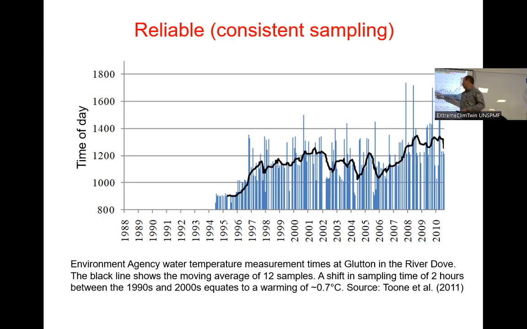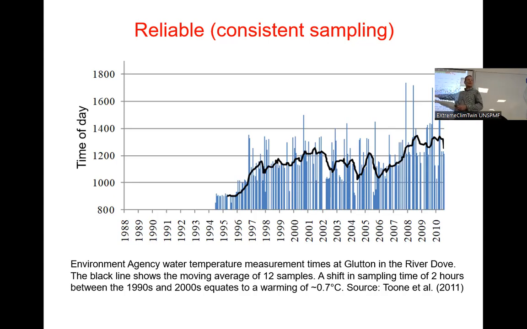So this is a very powerful quality assurance check: plot the time of measurement and how that has varied through time. Just that drift towards later sampling of the water temperature has introduced an artificial warming trend into that record, because a measurement taken at this time of day is bound to be on average warmer than a measurement taken at this time.